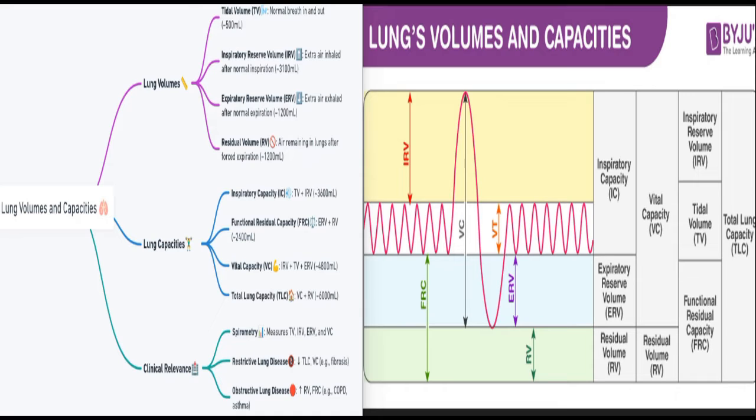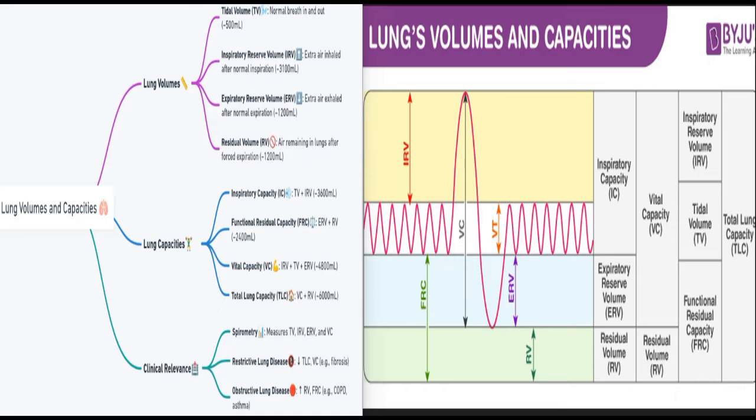So remember that the inspiratory reserve volume decreases as tidal volume increases.